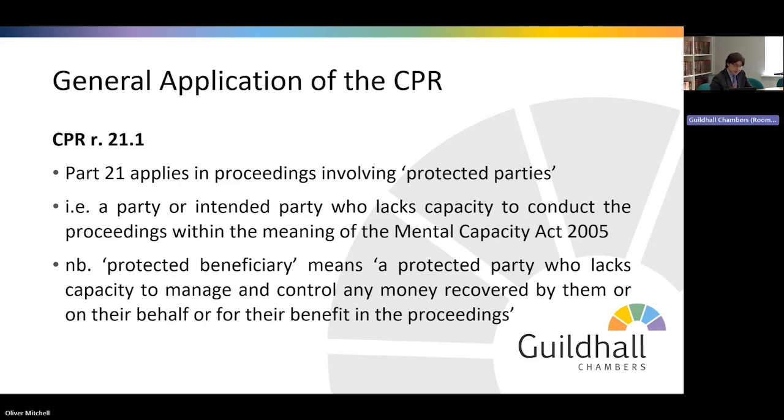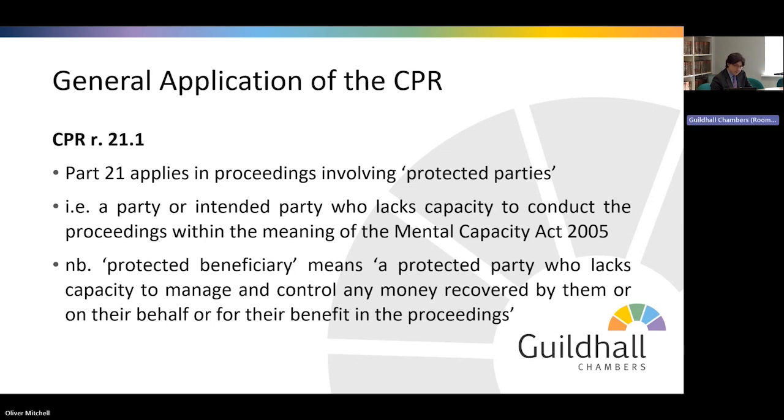Reference to the 2005 Act requires consideration of especially sections 1 to 3 of that Act, including, for instance, that a person is assumed to have capacity unless it's established that they lack it, and that a person lacks capacity if they are unable to make a decision for themselves because of an impairment or a disturbance in the functioning of the mind or brain.